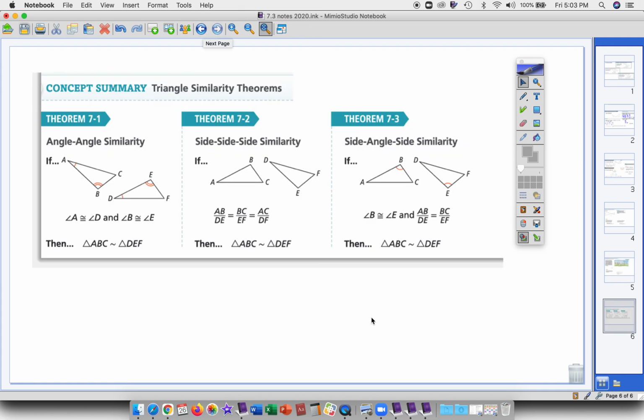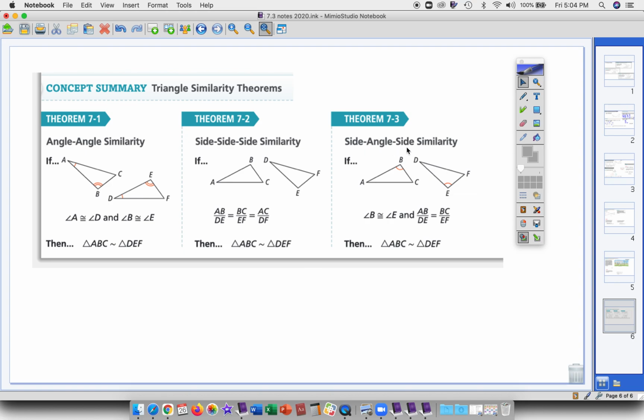Okay, so on to our concept summary. So again, our 3 similarity theorems that you want to focus on. We've got the AA, which says if 2 pairs of corresponding angles in 2 triangles are congruent, then we have similar triangles. Side, side, side, which says if all three pairs of corresponding sides in a triangle are proportional, then we have similar triangles.